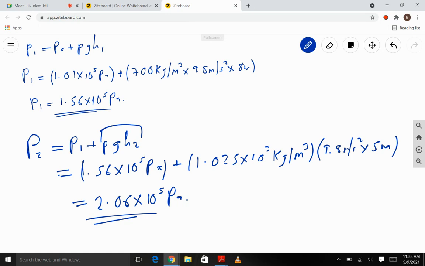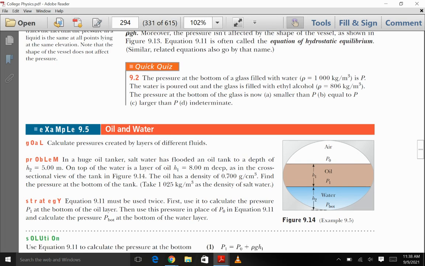But because there were two different substances with different densities, that's why we had to go down the route of calculating them separately. Okay, so that's really the thing there.